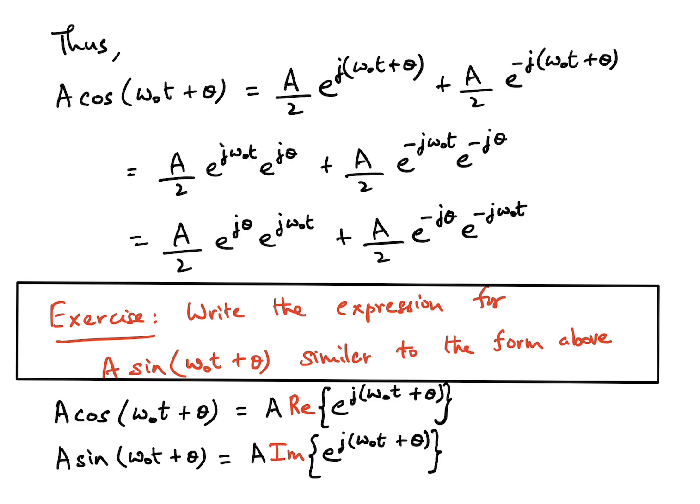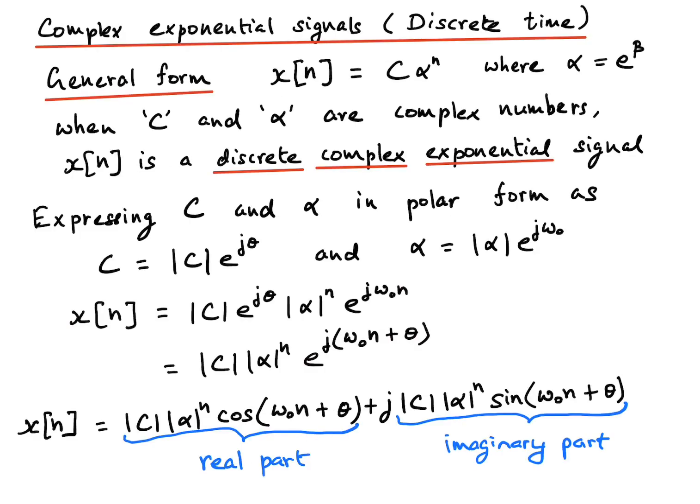Now let us move on into the similar discussion for complex exponentials, but for the discrete case now. So we're going to look into the complex exponential signals in discrete time. Again, the general form for the complex exponential in discrete time is x of n in square brackets equal to C alpha power n, and this alpha is e power beta.